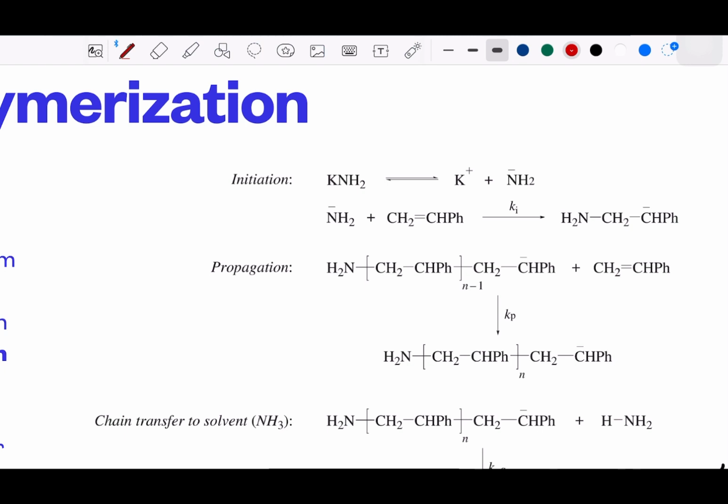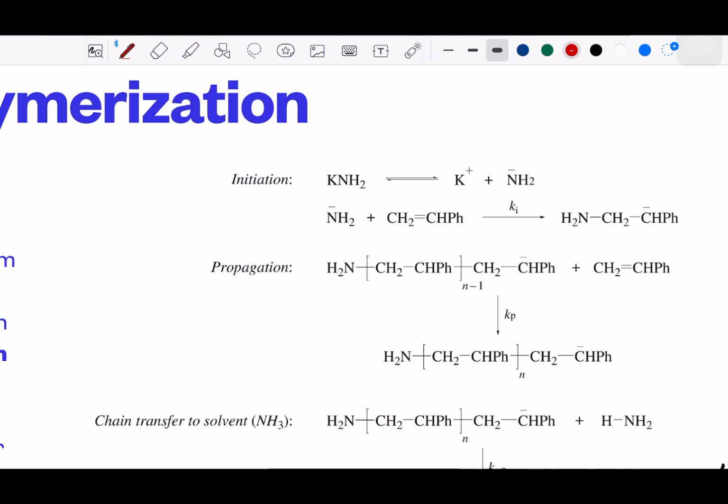If you remember, I is for initiation, propagation, and for transfer. So it will propagate and propagate until here. And then at the end, we can transfer this active center to the solvent, NH3.